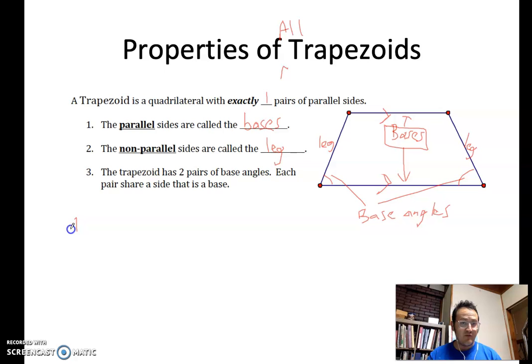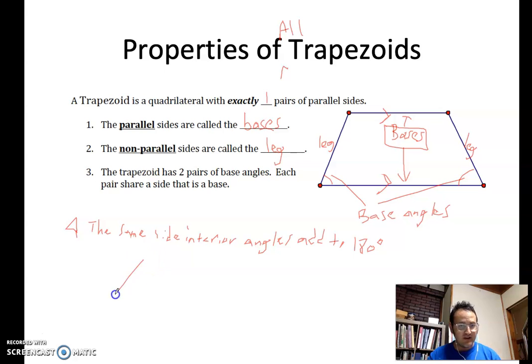And a fourth property is that the same side angles, or same side interior angles, add to 180.